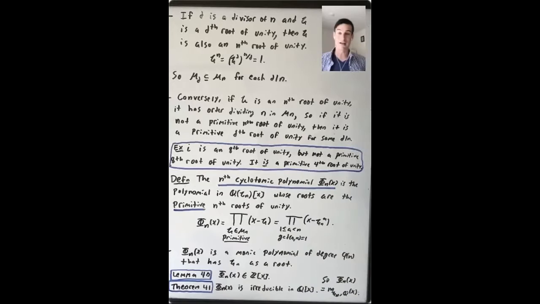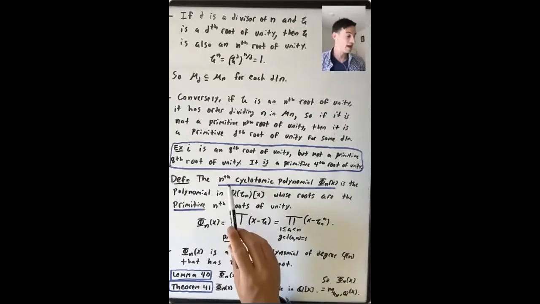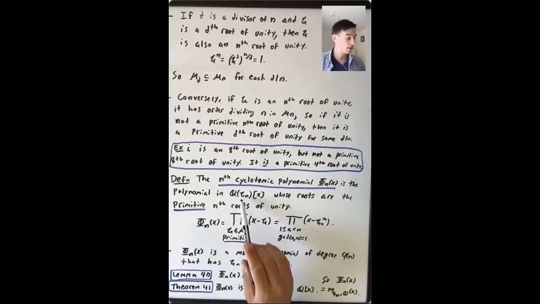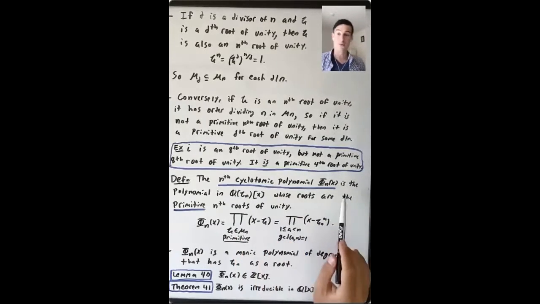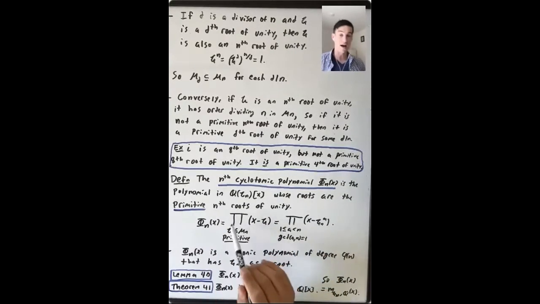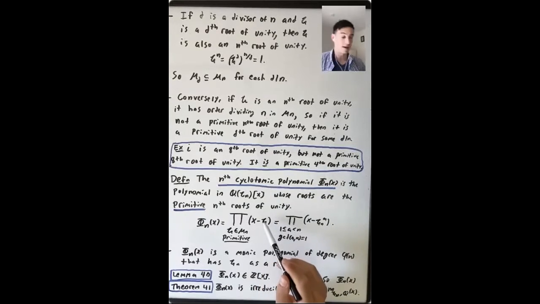Okay, so now we're going to give the big definition for this video. The nth cyclotomic polynomial phi sub n of x is the polynomial in Q adjoin zeta n bracket x whose roots are the primitive nth roots of unity. So it's defined as a product, where we're saying what the roots are. The roots are these linear factors.